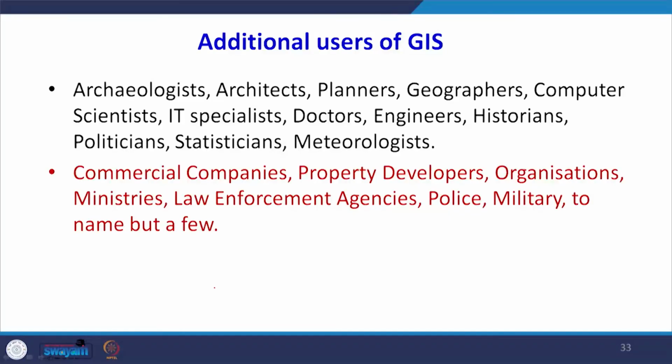There are many commercial companies also using it, like property developers to sell their properties, different organizations, different ministries, law enforcement agencies, police, and military. These are a few agencies where GIS is being used. There are very large government projects, like the smart city projects or the interlinking of rivers.